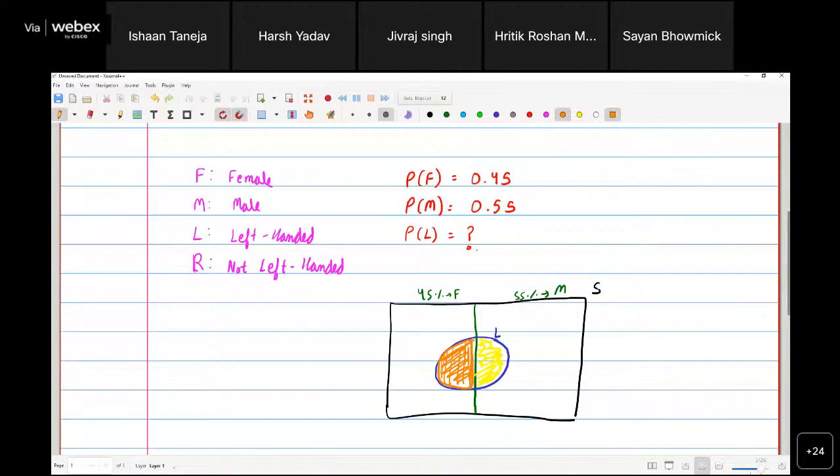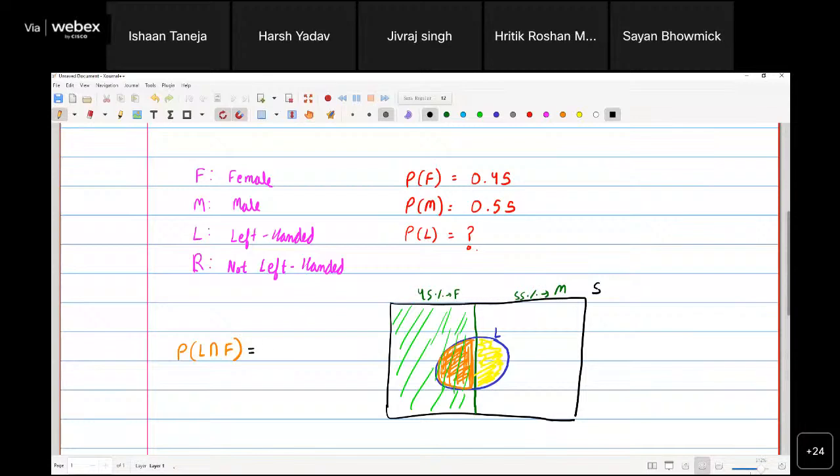This orange region is nothing but the intersection of L and F. Suppose this green region is my female region, so the intersection of female and this blue circle would be this orange region, the intersection of left-handed people and females, right?